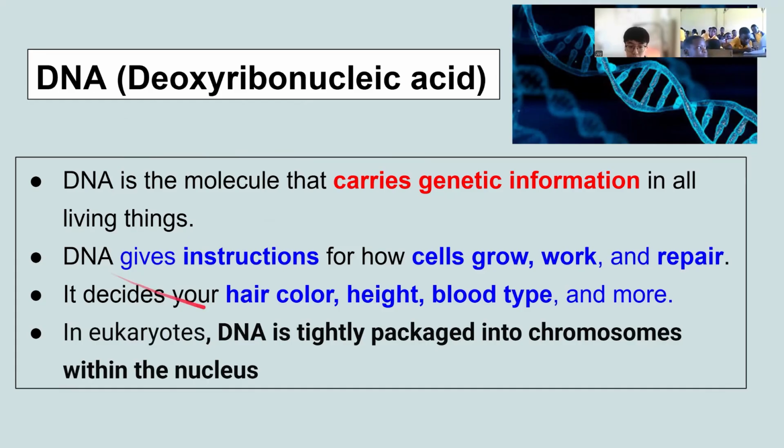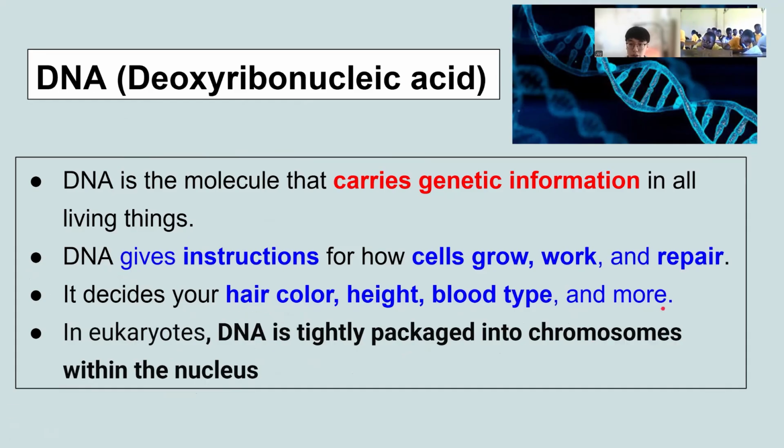DNA decides your hair color, height, blood type, and way more. And in eukaryotes, DNA is tightly packed into chromosomes. Remember, we talked about chromosomes already that are in diploid and haploid. But each chromosome is made up of DNA.